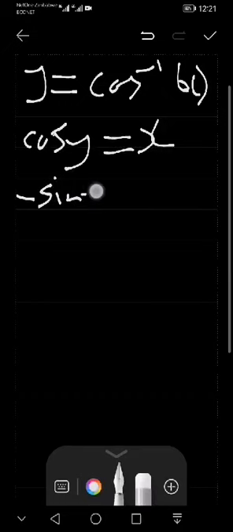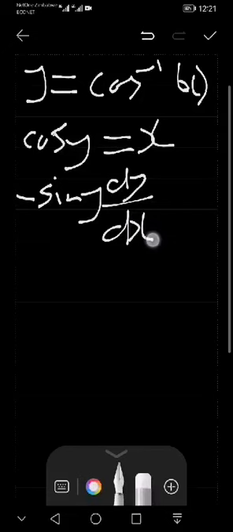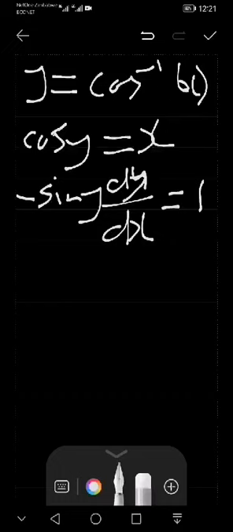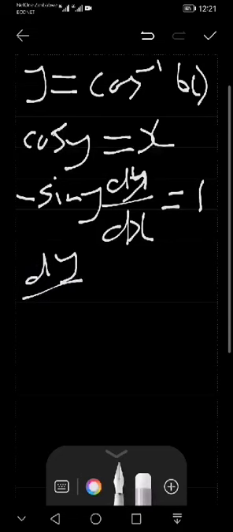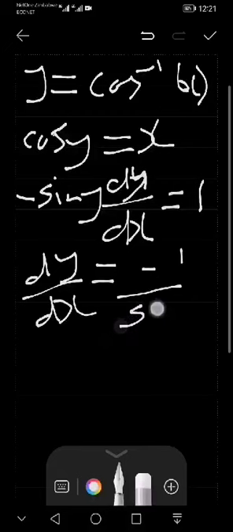Since there's a y, it will be sine y dy/dx, because we are differentiating with respect to x. So this is dy/dx being equal to 1, because if you differentiate x with respect to x, it is just 1. Okay, so making dy/dx the subject of the formula, I divide everything by negative sine. So this will be dy/dx equals negative 1 over sine y.